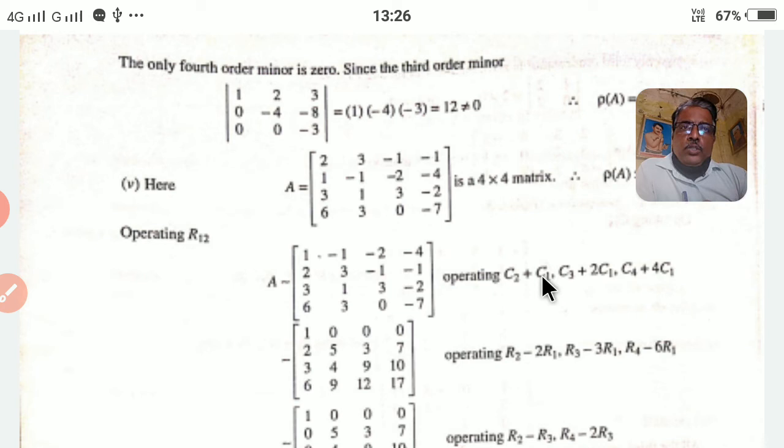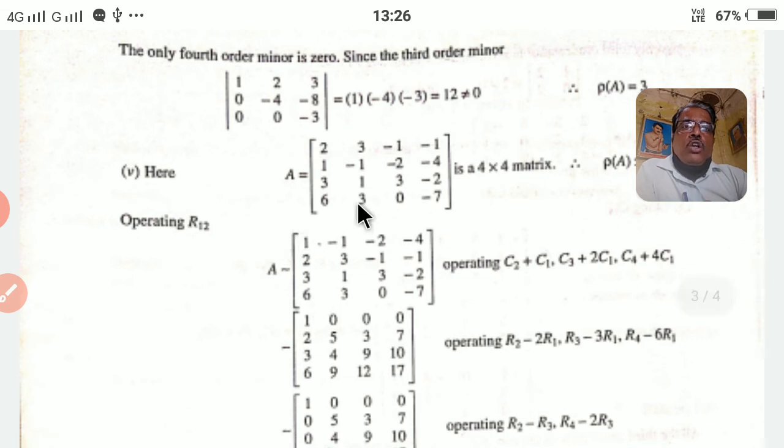So now here C2 plus C1, C3 plus 2 C1, and C4 plus 4 C1. Take the elements of only the column. Operate C2 plus C1. So this is the given matrix. C2 plus C1 means write the elements of C2 plus the elements of C1. Here this is C1, C2, C3, C4.